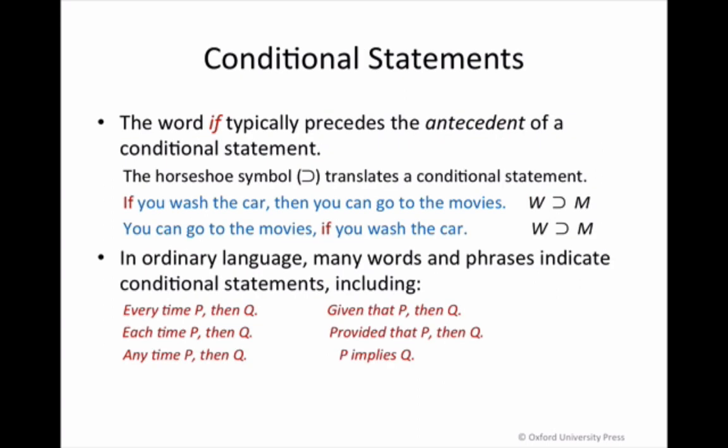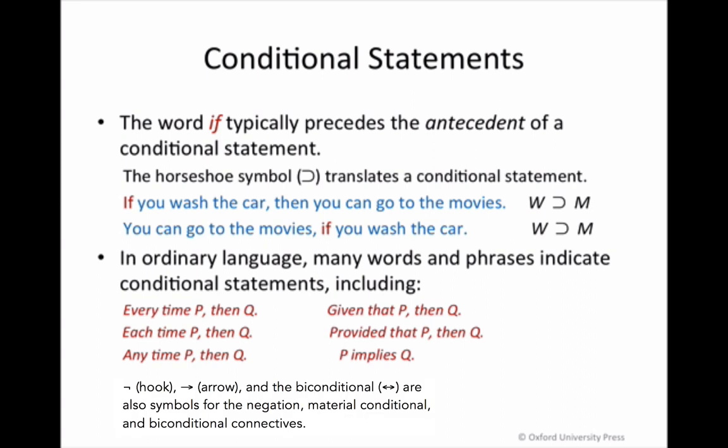Conditional statements, just like conjunctions and disjunctions, are translated with the operator in between the sentences that the connective brings together. So it's typically the case with conditional sentences that whatever comes after the word if goes on the left side of the horseshoe, and whatever goes after the word then goes on the right side of the horseshoe.